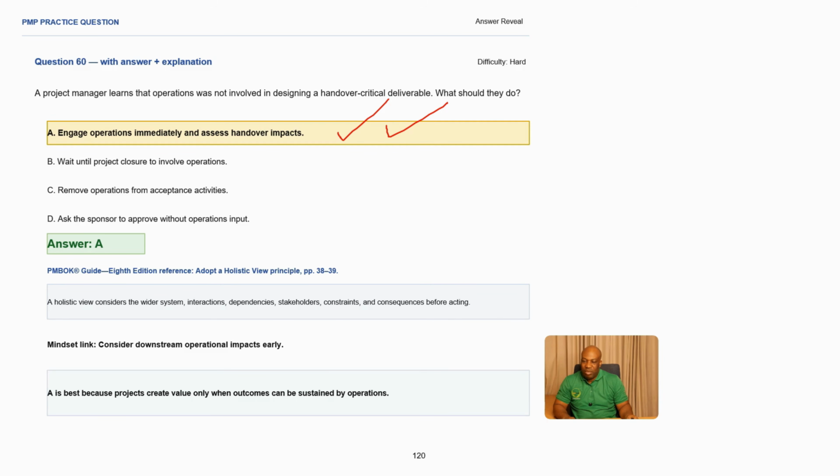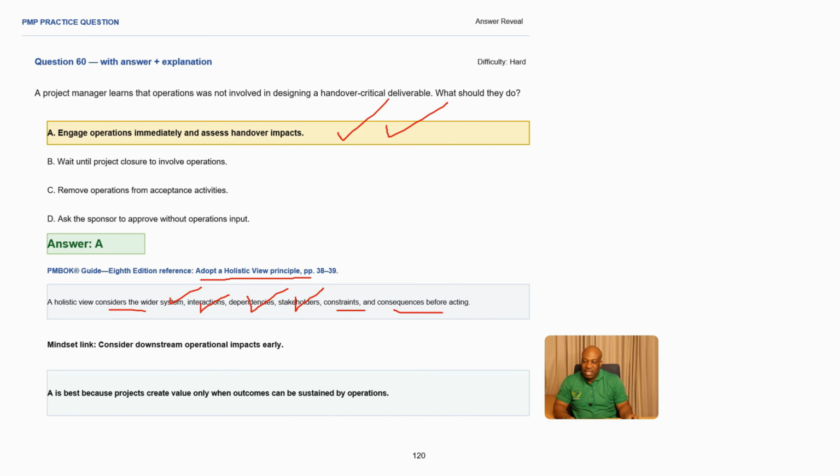You need to engage operations immediately and assess handover impacts. And what is our reference in the PM book? We need to adopt the holistic view principle. What does it say? Holistic view considers the wider system, interactions, dependencies, stakeholders, and also constraints and consequences before acting.